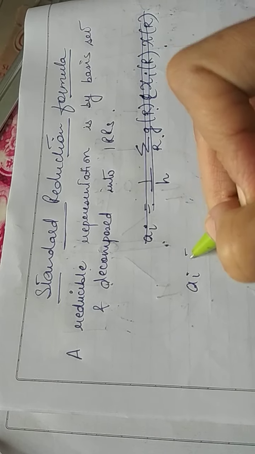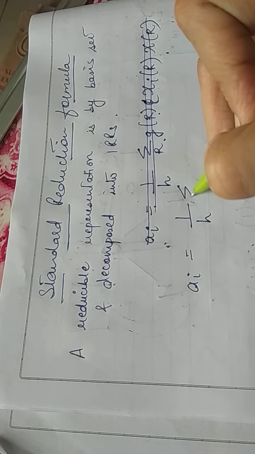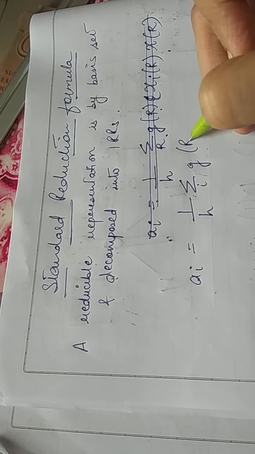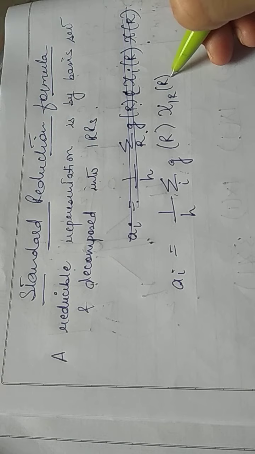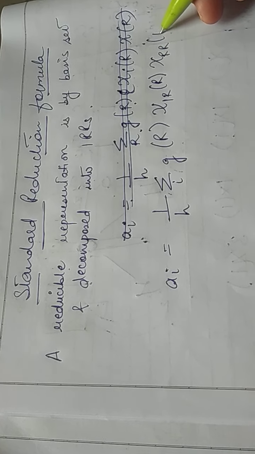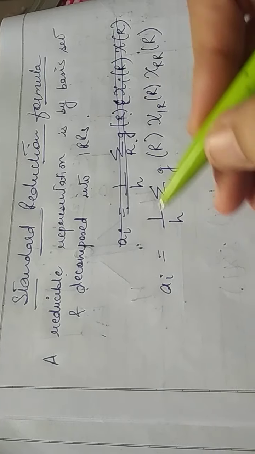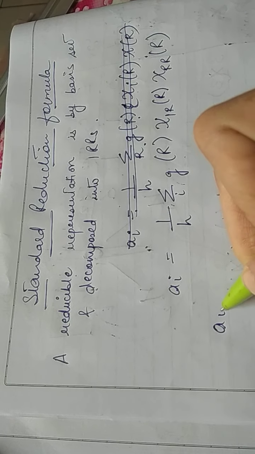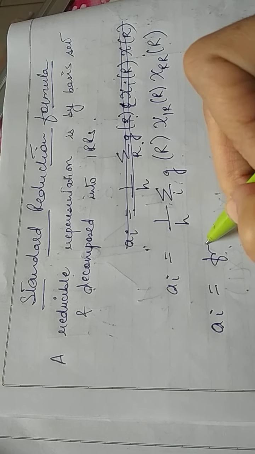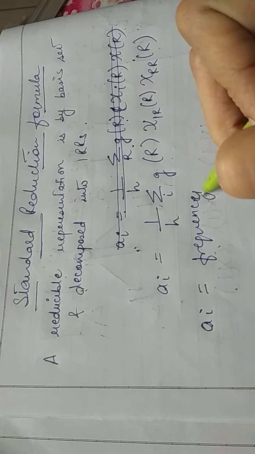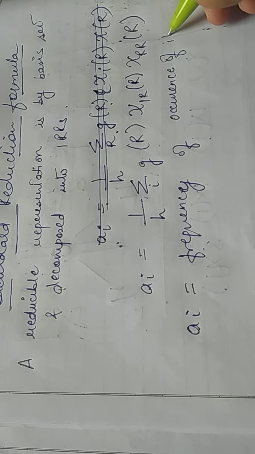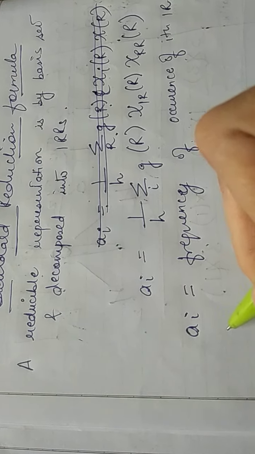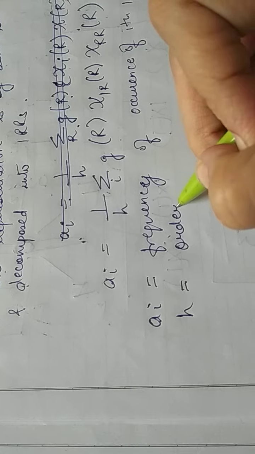Let me write it again for you: 1 upon h, summation of g_R, chi irreducible representation, and chi reducible representation, where a_i is the frequency of occurrence of the ith irreducible representation. h is the order of the point group.